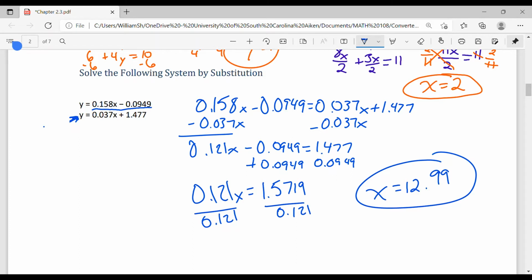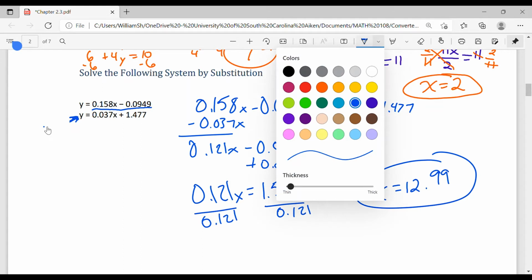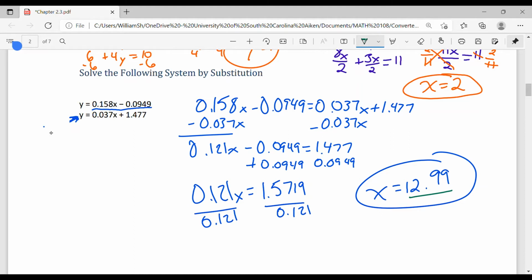So what we're going to need to do now is take this x value we have here and substitute it in. Doesn't matter which equation we use. I'm going to use the second one. y equals 0.037 times 12.99 plus 1.477. I'm going to plug that whole thing in my calculator really quick. 0.037 times 12.99 plus 1.477.